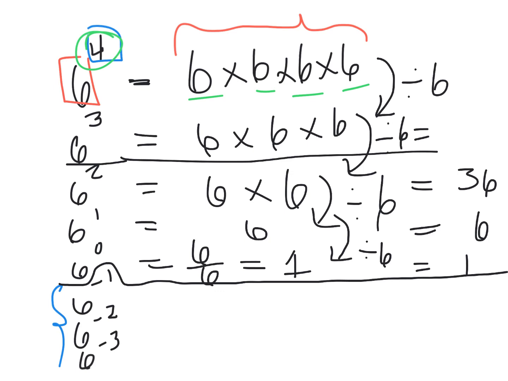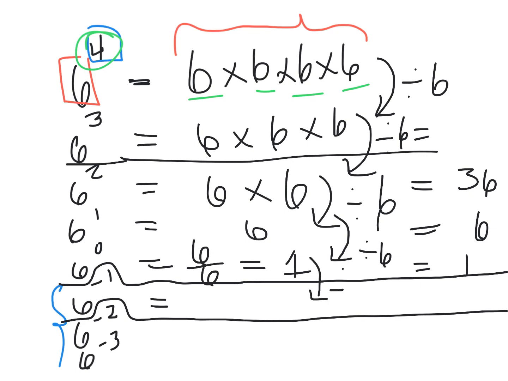Now we can continue our pattern. So 6 to the power of negative 1, and this would be a negative exponent. If I want to represent it as a positive exponent, I'd have to take 1 and divide it by 6. Following along in this pattern, that would be 1 divided by 6, which you could also write as 1 over 6 to the power of 1. I'm running out of room here, but I'll try my best.